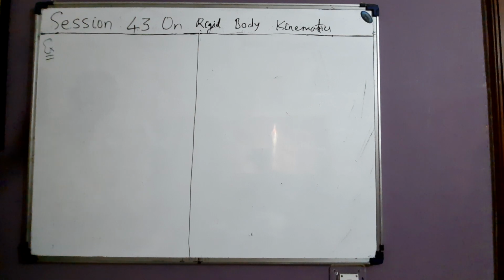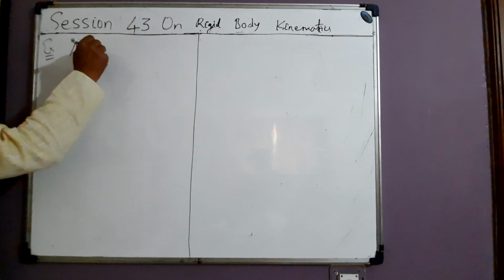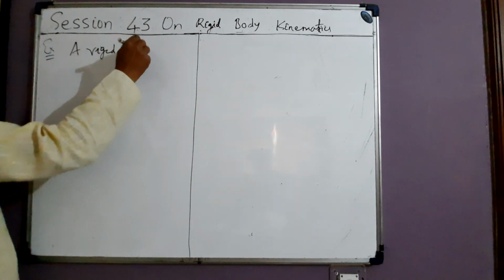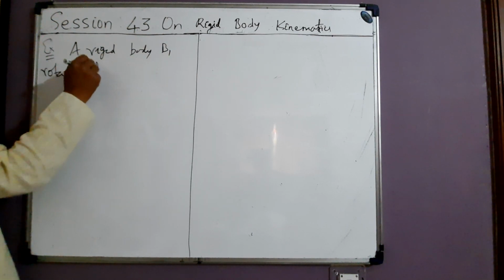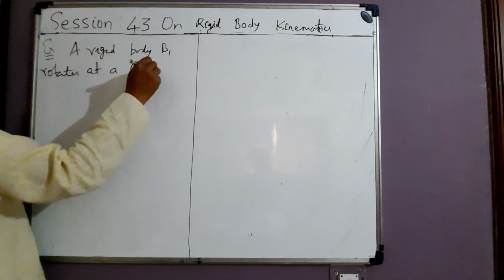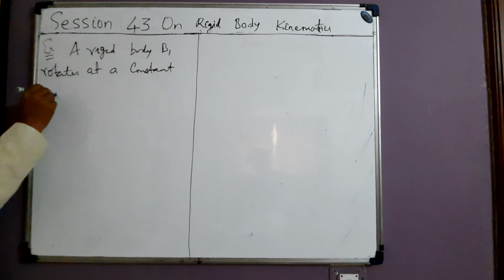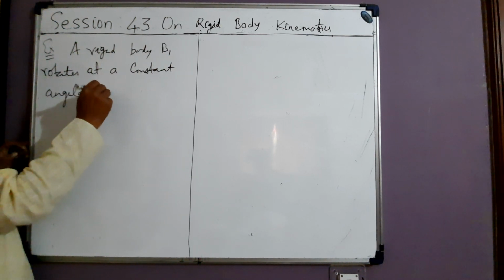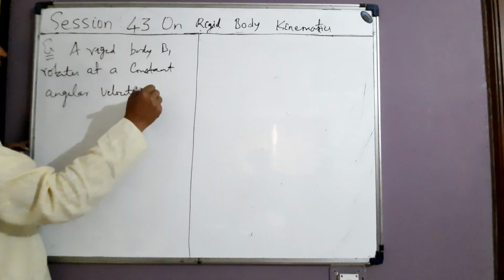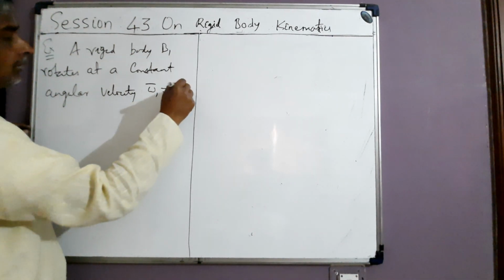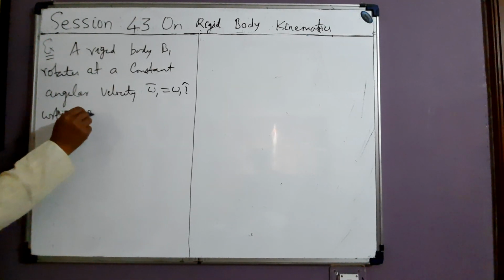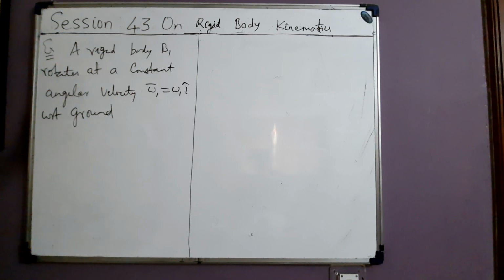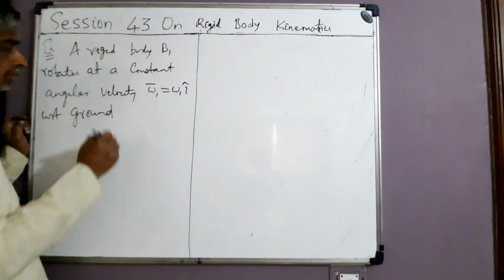So the problem is this: a rigid body B1 rotates at a constant angular velocity omega 1 equal to omega 1 i hat with respect to ground.